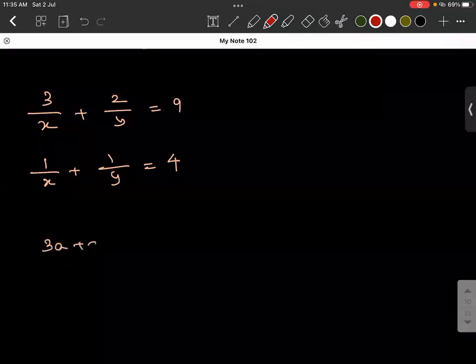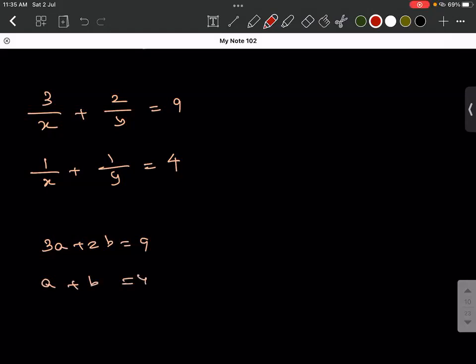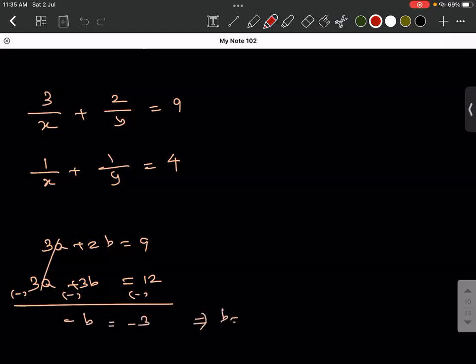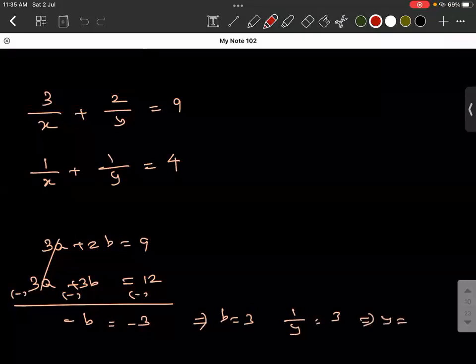So 3a plus 2b is 9 and a plus b is 4, right? How did you solve, by elimination? Whichever is comfortable. I can write this as 3a plus 3b is equal to 12. Subtract: minus, minus, minus. So minus b is equal to minus 3. b is 3, but b is 1 by y. So 1 by y is 3 means y is 1 by 3.